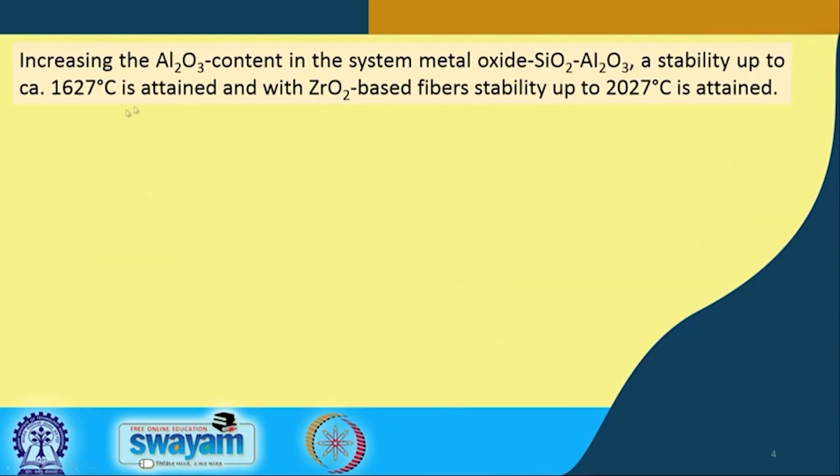And replacing this, if something can be obtained from zircon or zirconia, the zirconium dioxide, so if we have a zirconium dioxide based fiber, that can have stability up to 2027 degrees centigrade.